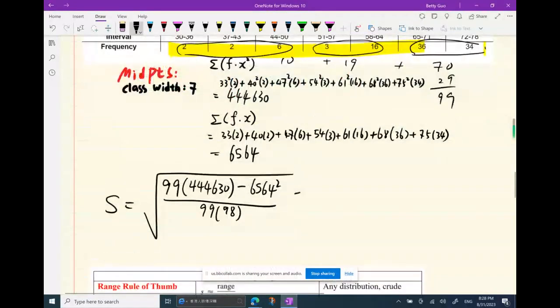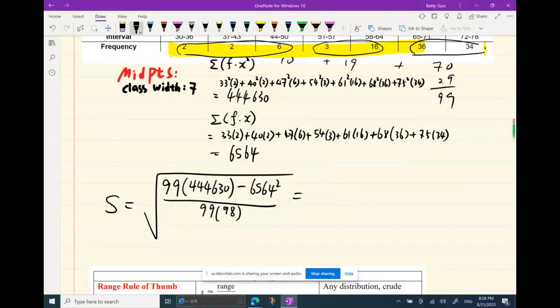Okay, so let's use a calculator to get it taken care of. I'm going to do the numerator first. 99 times 444630 minus 6564 to the power 2. And that's the numerator.